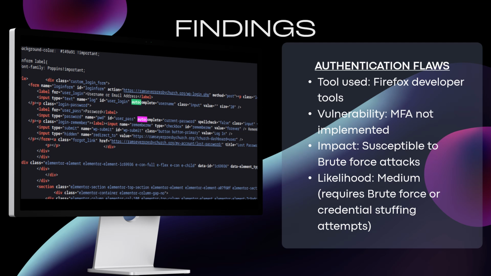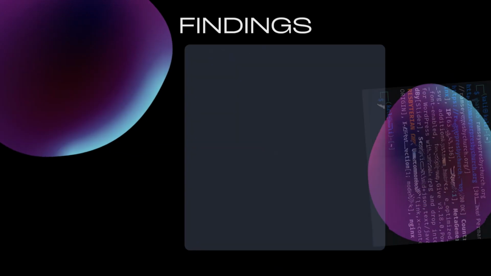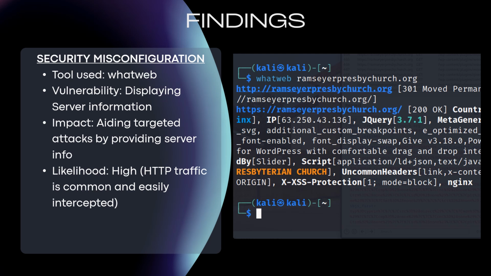Then the last finding of vulnerability I had was the security misconfiguration. Because if you use WhatWeb to scan the web app, you could see that it gives the server information and then server version and stuff.